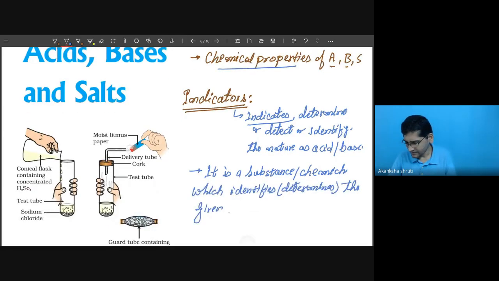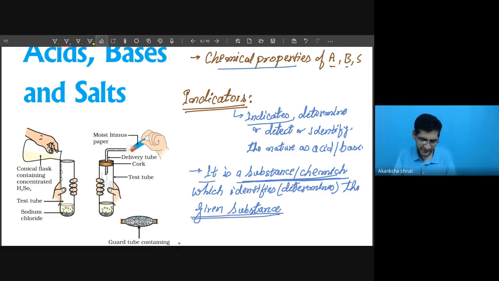Here, the indicator is the chemical or substance, but the given substance means the chemical that we want to identify. So there is a difference that you have to keep in mind.